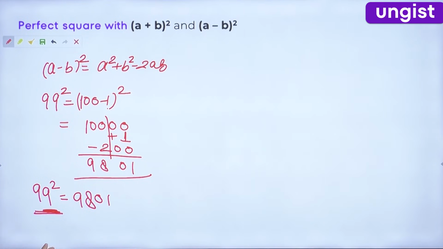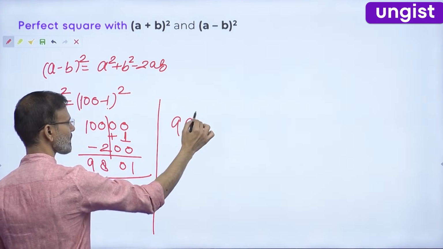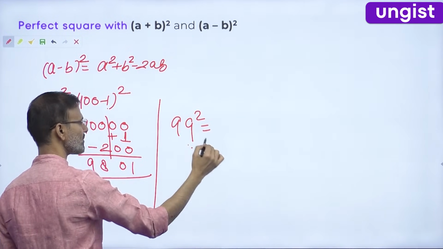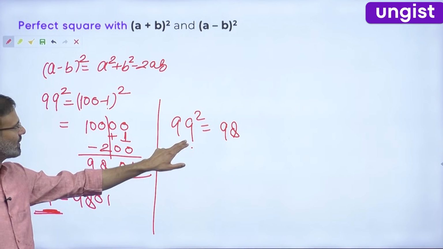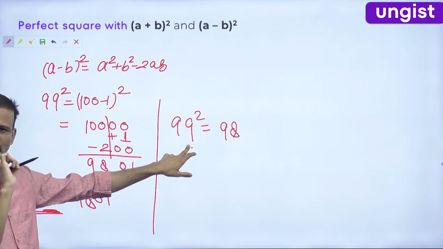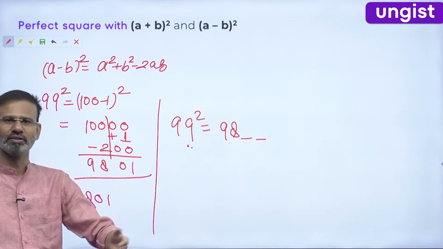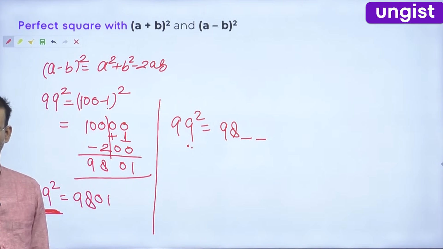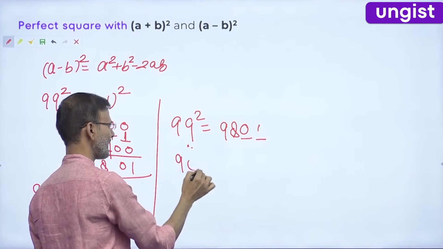Guys, clear? Okay, one more time. See, 99 is 1 less than 100. So subtract 1 from this number. This will become 98. Correct? And the deviation is 1. So the square of 1 will be written as the last 2 digits here. So this is 01. Clear, guys?